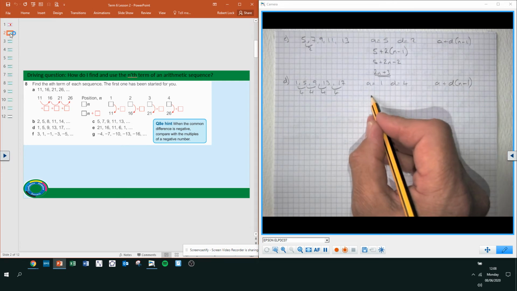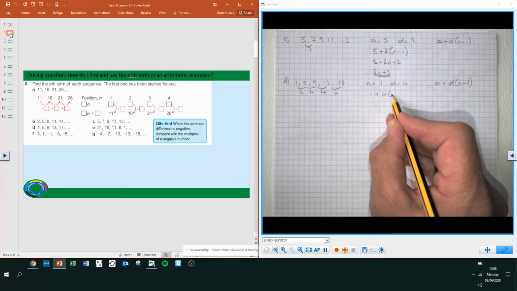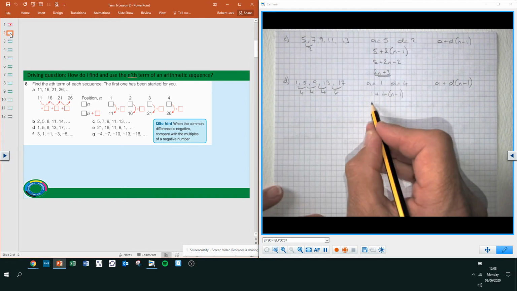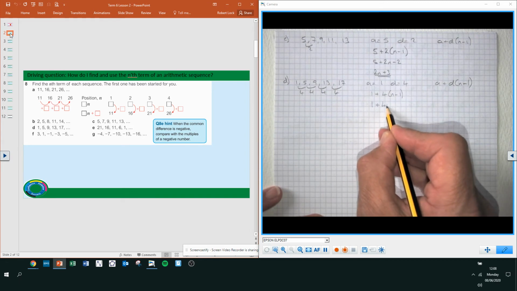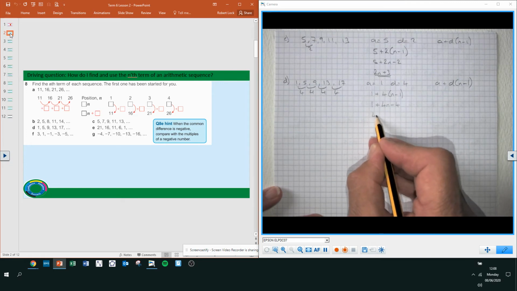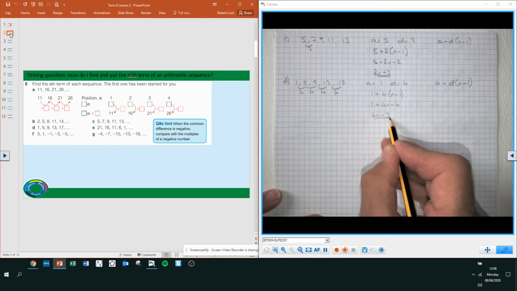So A is 1 plus D is 4 bracket n minus 1 close bracket. So multiply our brackets. 1 plus 4n minus 4. Collecting like terms. 4n. 1 take away 4 minus 3.